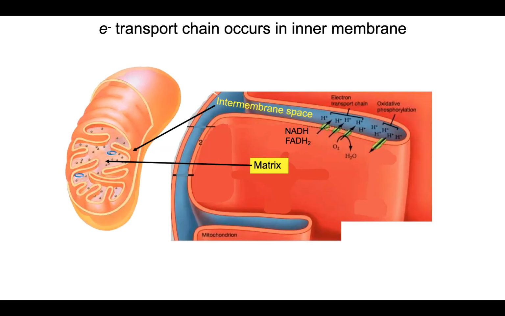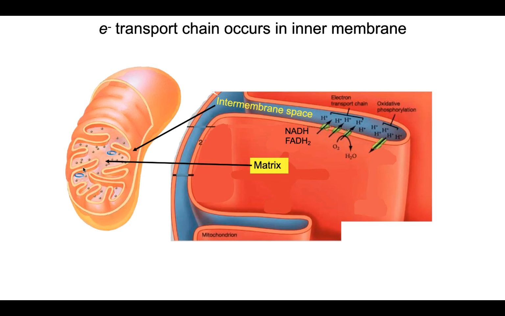The electron transport chain is located in the inner membrane of the mitochondria. So if we take a look at a mitochondria, we have an outer membrane, and then we have an inner membrane. And now that inner membrane has all these folds. Those are called cristae. And the reason they're there is because they provide that inner membrane with more surface area.